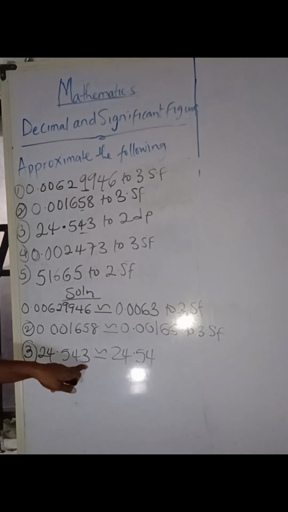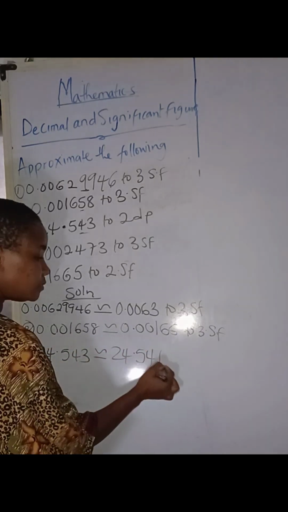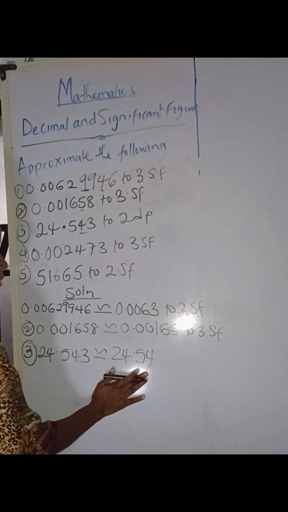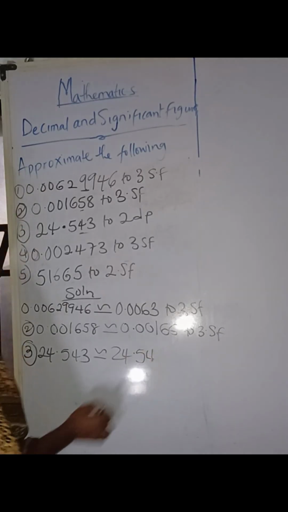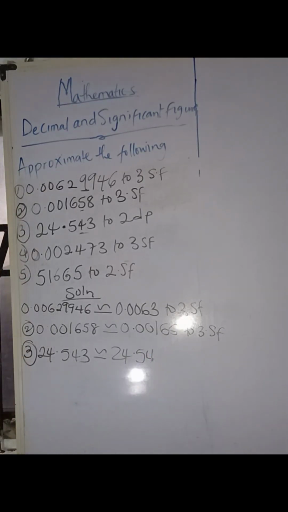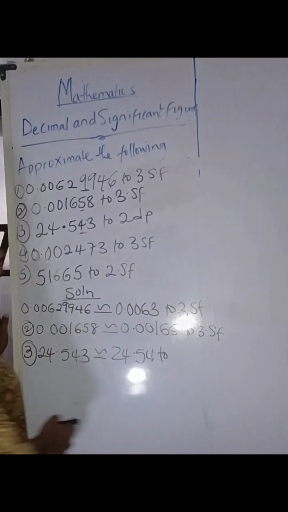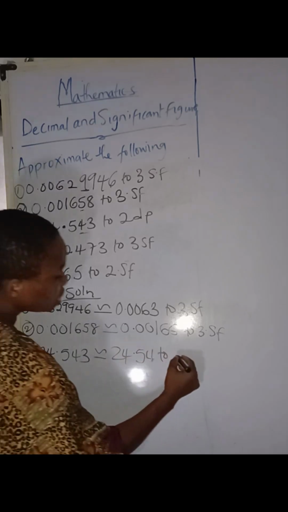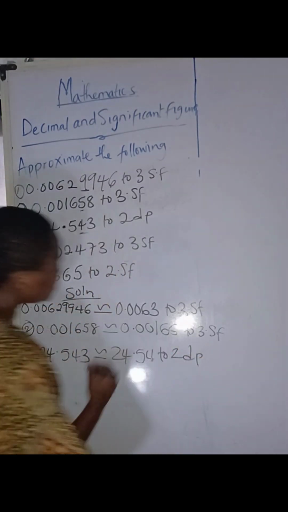Because this one is not up to 5, we are turning it to 0. You can add the 0 or you can leave it. 0 after the decimal point is not relevant. So that's your answer. And you will not leave your answer like this. You tell us to what value you have approximated it to. So we have 24.54 to what? To 2 decimal places. Good.